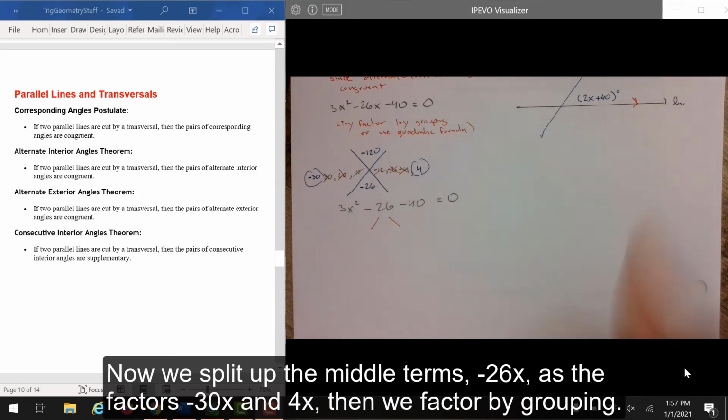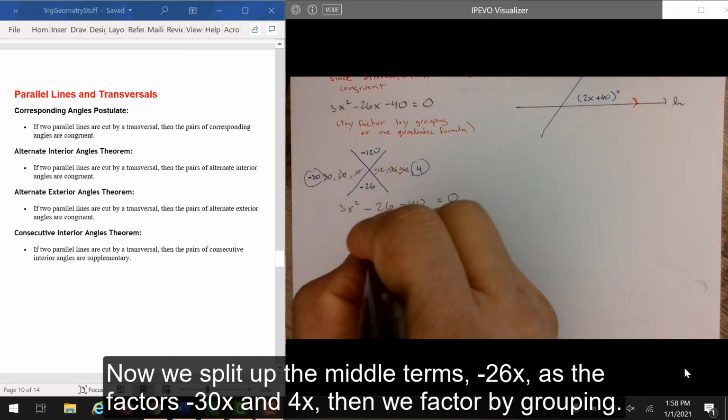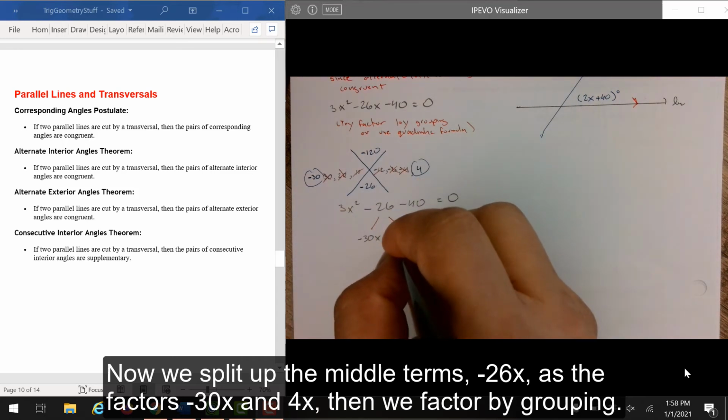Now we split up the middle term, negative 26x, as the factors, negative 30x and 4x. Then we factor by grouping.